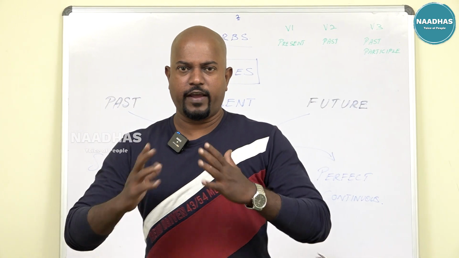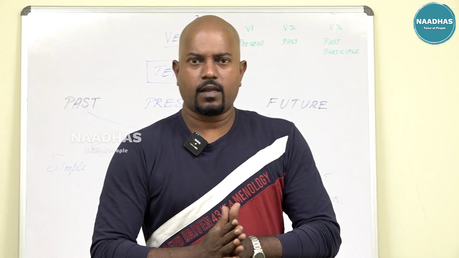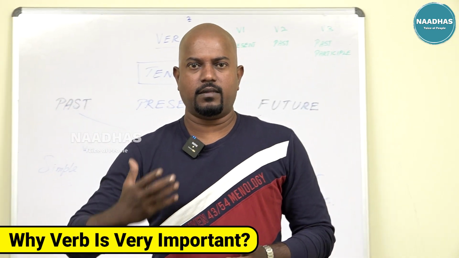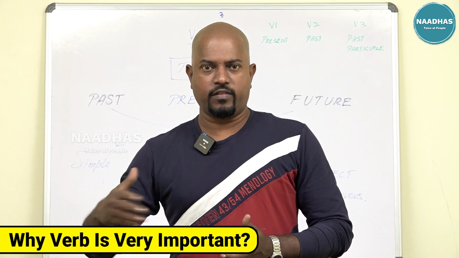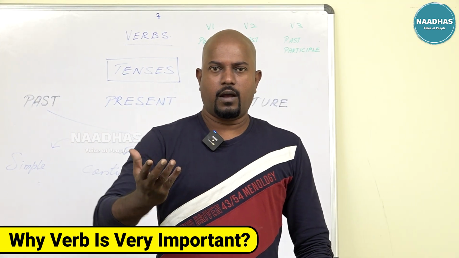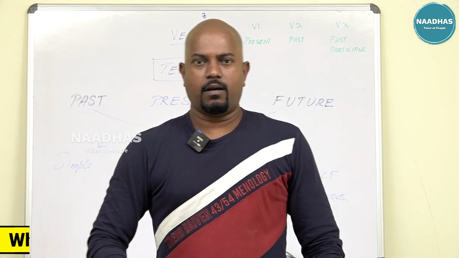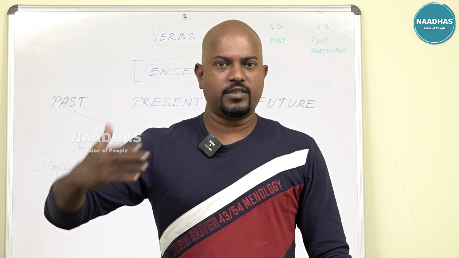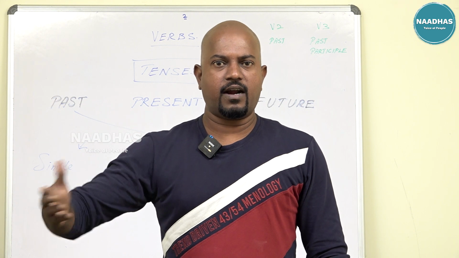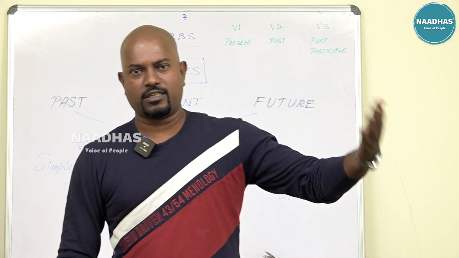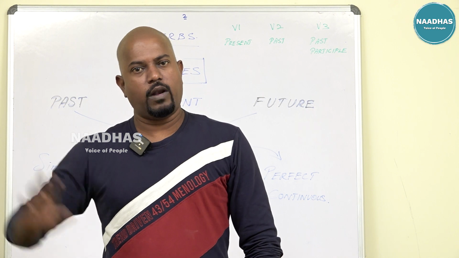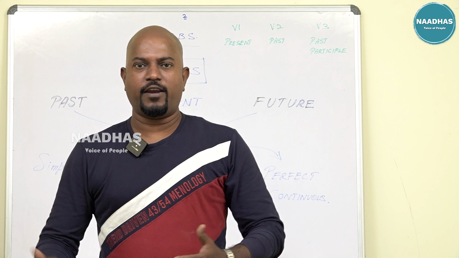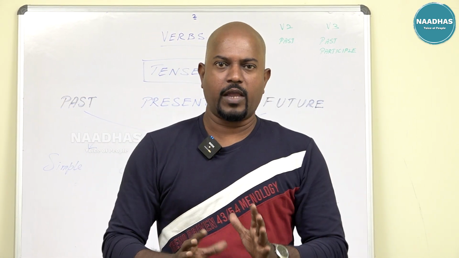So why is verb very important? Because we will not be making more mistakes in pronouncing the nouns or using the nouns in any sentence. For example, the nouns will never change. Shiv is Shiv, Adam is Adam, Sandra is Sandra, either in the past tense, present, or in the future, or whatever might be the time scenario. The noun is the same. It will never change.